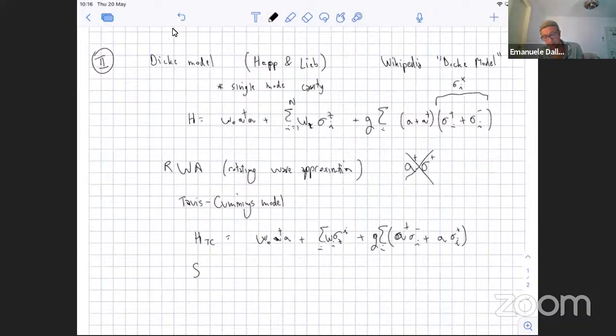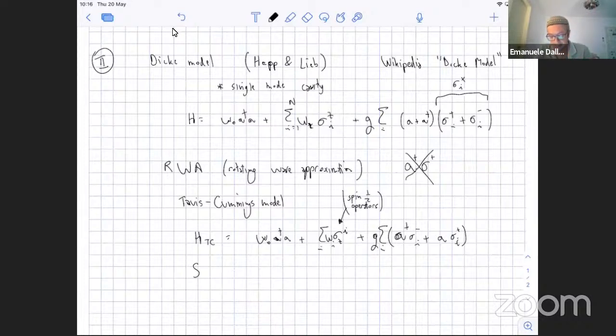Actually, let me assume that the σ are not Pauli matrices, but the spin-half operators. The difference is a factor of 1/2: the Pauli matrix is +1 or -1, while the spin-half operator is +1/2 or -1/2. So it's basically just the Pauli matrix divided by 2. But in all these calculations, factors of 2 don't really matter, so it's going to be the same.